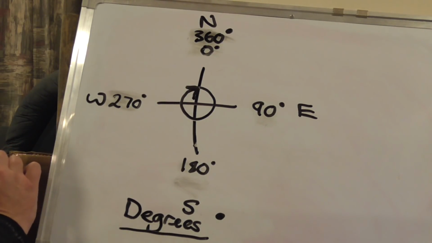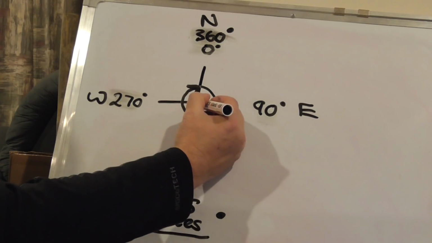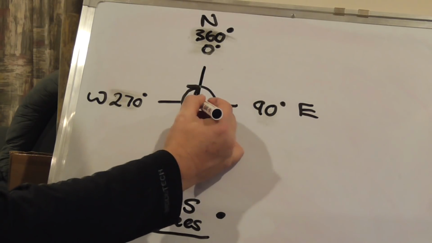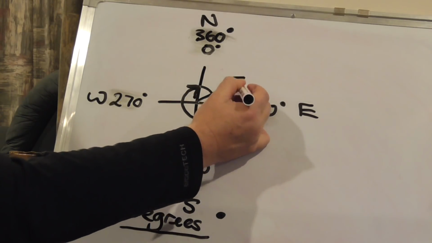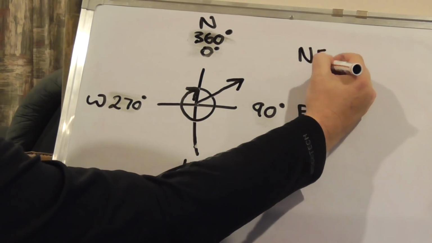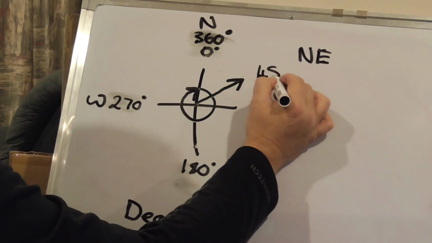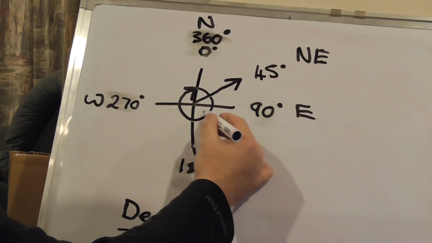It doesn't really matter. Or we could just say north. These are all optional. In between the 0 degrees and the 90 degrees, half of that, which we would have, normally up here, our northeast, would be 45 degrees.